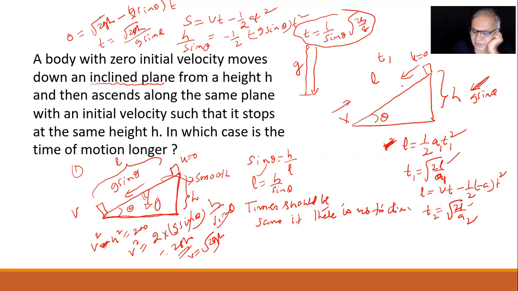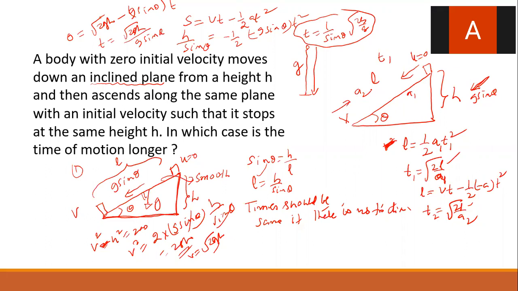So while coming down, acceleration due to friction is backward, acceleration due to gravity is forward. While going up, acceleration due to gravity is backward, friction is also backward. In which case will the acceleration be more, you tell me. While coming down, it is a1, children. While going up, it is a2. So in which case is acceleration greater?